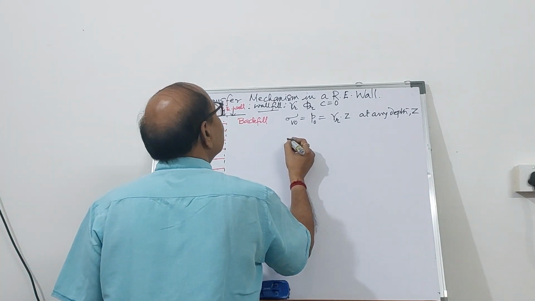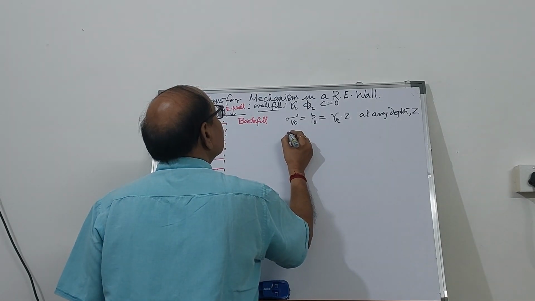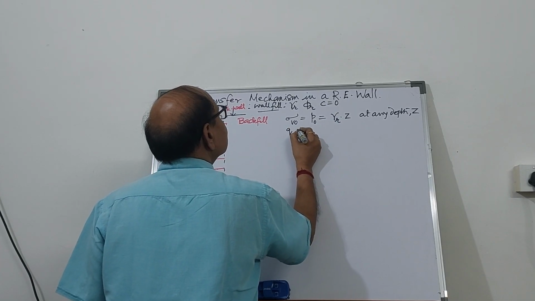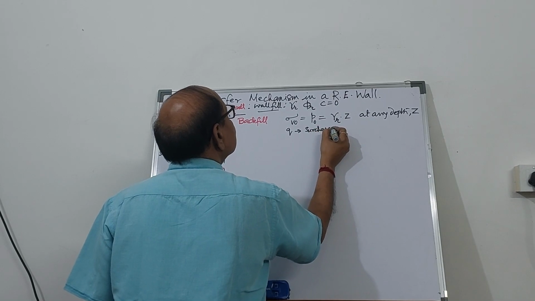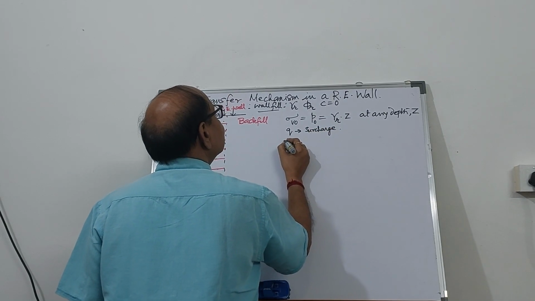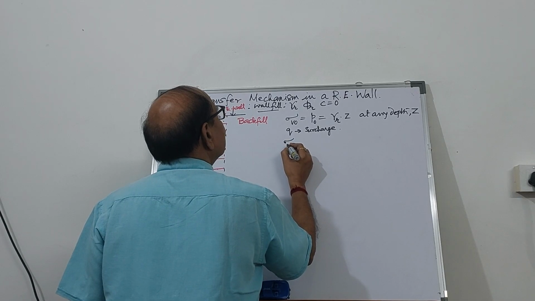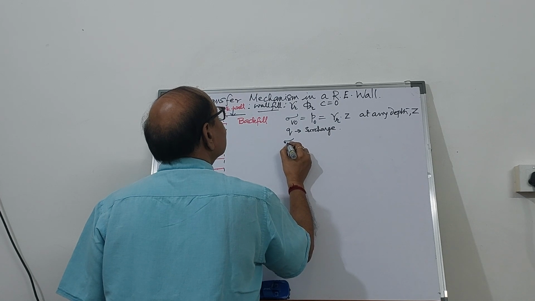And due to overburden, due to surcharge q, uniform surcharge is there. What is the horizontal pressure? The vertical pressure is q. So what is the horizontal pressure?